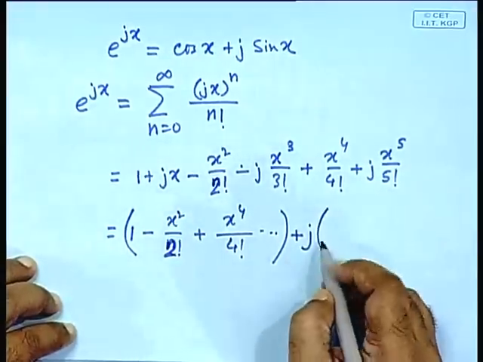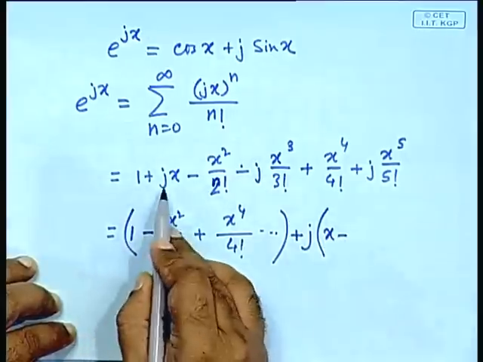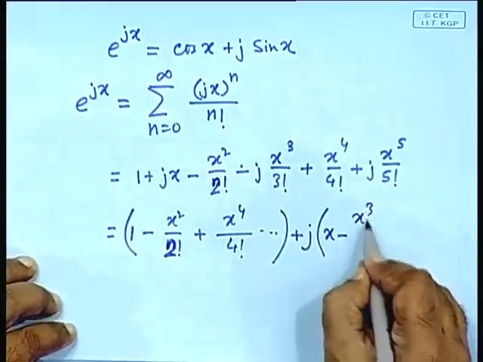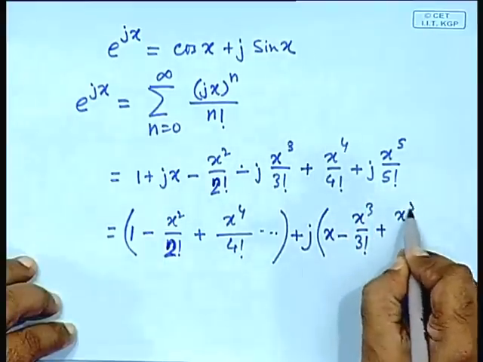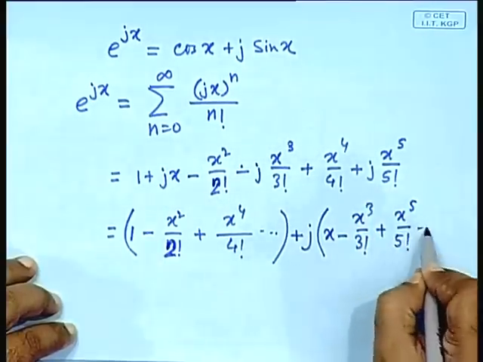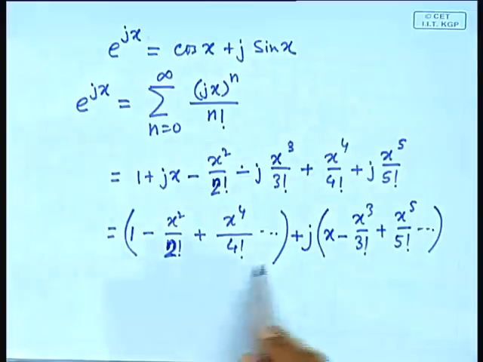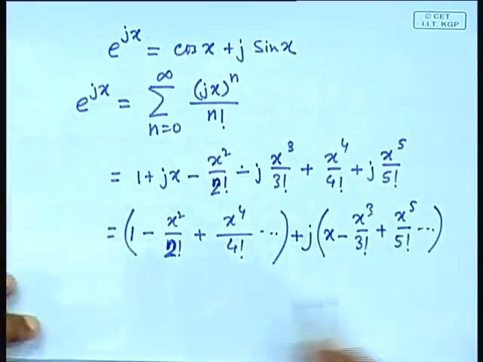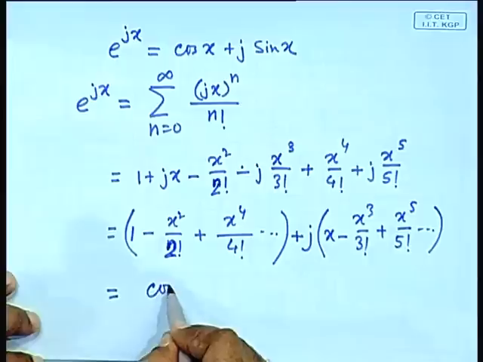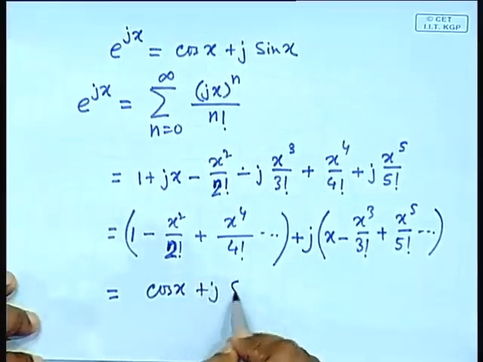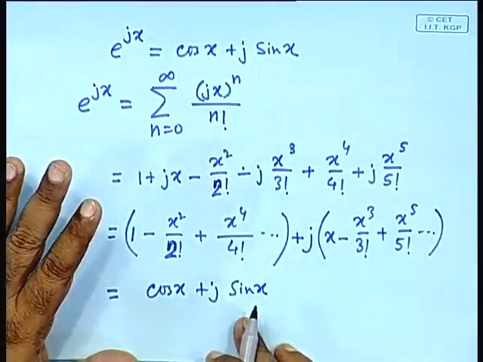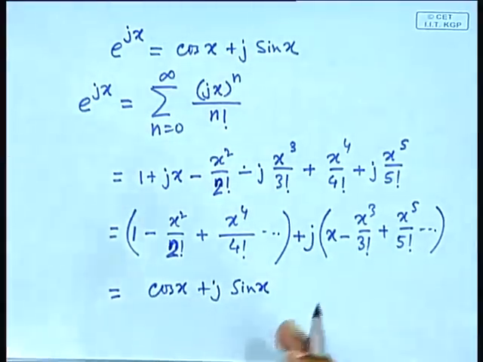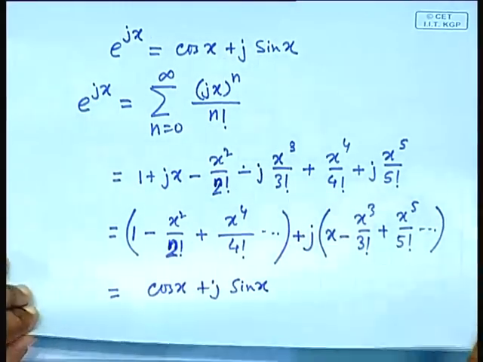So you have here x minus x cubed by 3 factorial plus x to the 5 by 5 factorial and so on and so forth. This term is cos x and this term is sin x. So this is equal to cos x plus j sin x. It is a remarkable result, all the time used in engineering, and when Euler proved it, nobody knew that it would ever have any application in engineering.